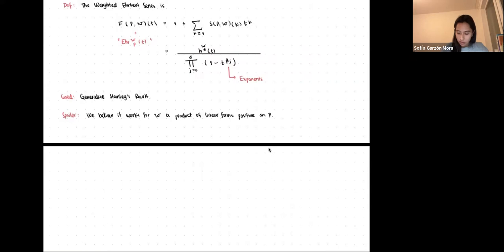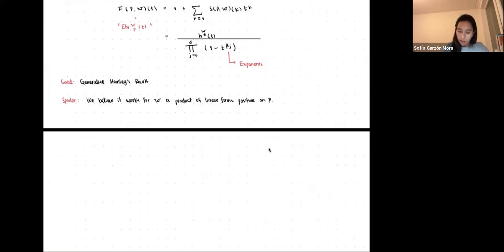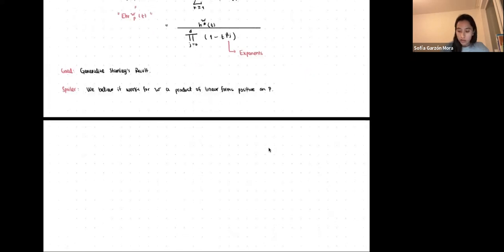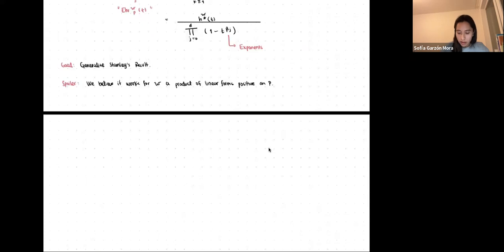We just looked at the product of linear forms positive on P, and well, this result holds. But maybe it's not the best we can get.